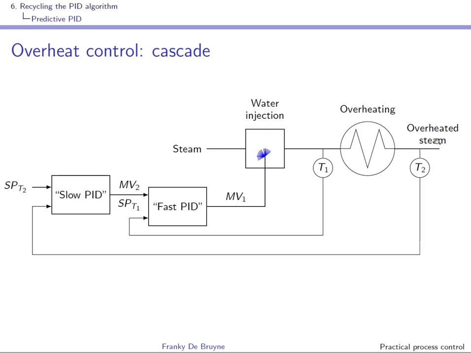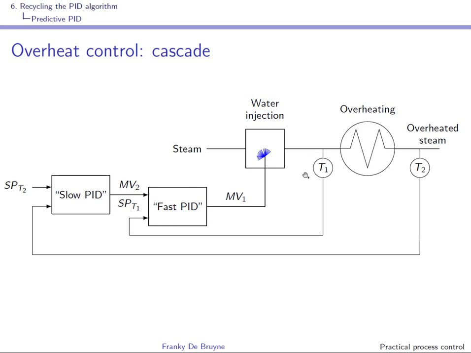This is an example where cascade control can be replaced by a predictive PID controller to produce overheated or superheated steam in a power plant or for processes such as paper machines, where the steam is used in the drying section. The steam coming out of the boiler is passed through an overheater or a superheater. Steam coolers are used to control the temperature by injecting or spraying water directly into the steam flow.